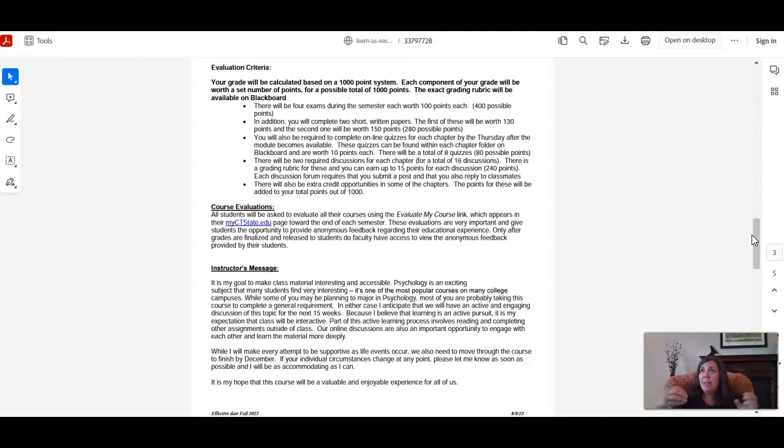Exam sounds like a big scary word, but because it's only 10% of your grade, you could have an exam where you didn't do well. I wouldn't suggest planning for that, but you could have an exam where things don't go well without really messing up your grade. There'll be 4 of those over the course of the semester for a total of 400 points.